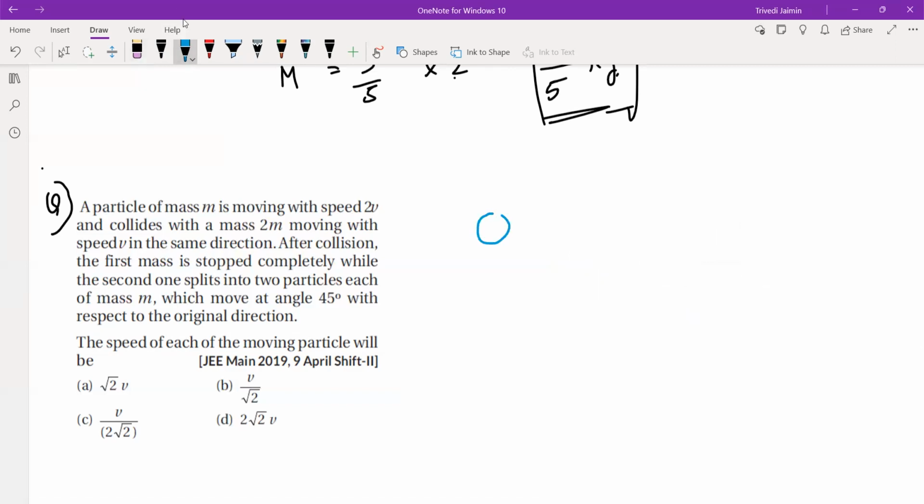We are saying this mass collides with something and it splits into two. Initial moving direction is this. It splits into two at 45 degrees.